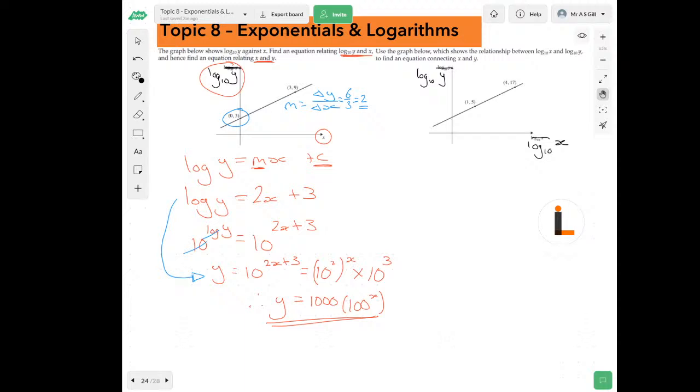So I just want to make sure we're on the right track with this question on the right hand side. And our starting equation, when we're making this and modelling it linearly, should look like this.